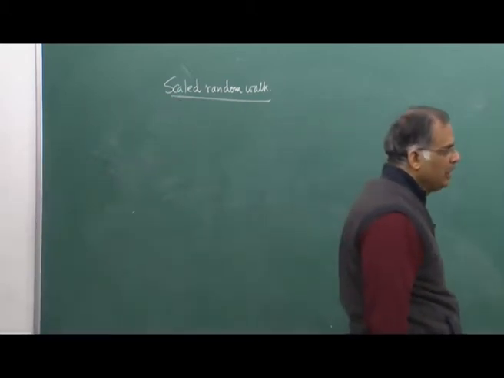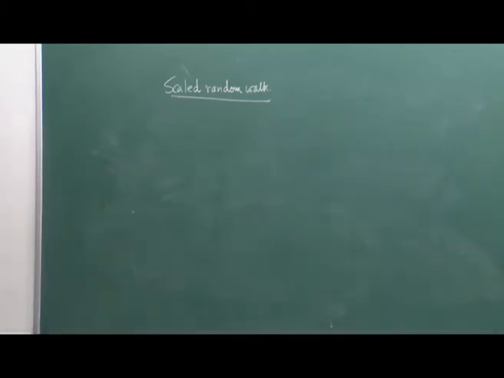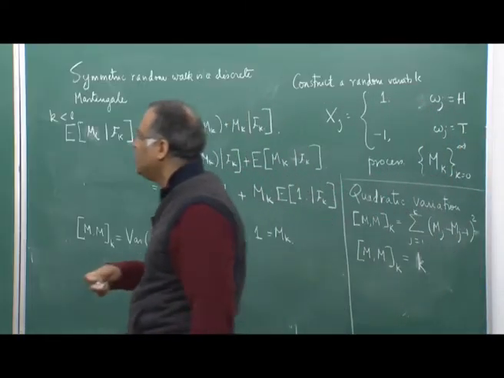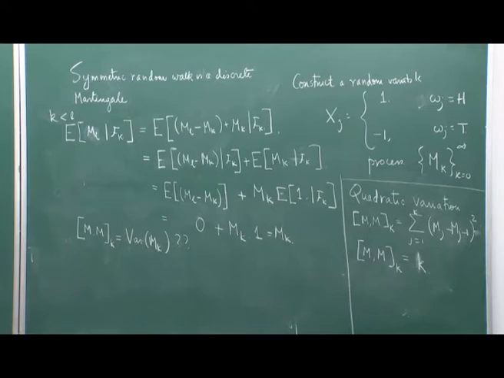What we are going to show by the scaled random walk is that we can construct an nth level approximation for the Brownian motion.